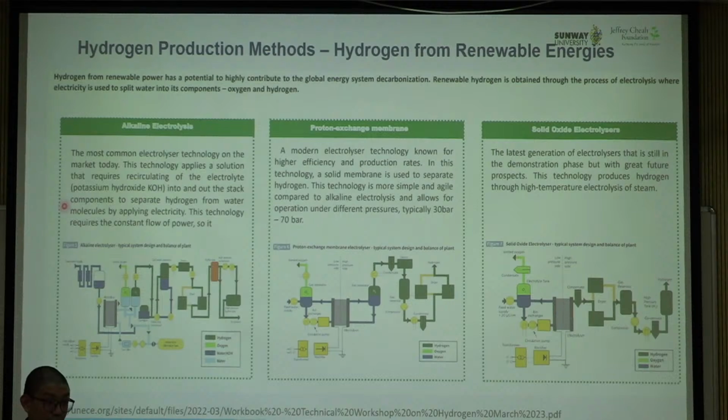This method is relatively clean compared to fossil fuel. These three types of process produce an end product of hydrogen and oxygen only, so the process is totally clean. At the same time, we can use renewable energy and renewable power for the electrolysis process.